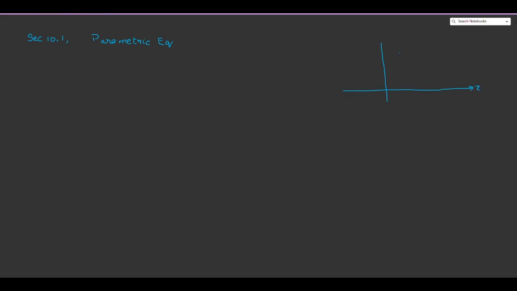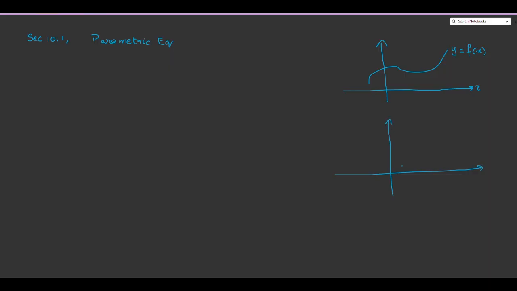Before this, I would like to recall from calculus 1. For example, in calculus 1, our function is written in this form, y equals f of x, but there are some conditions that this can be a curve. It has to be a function, but there are some other curves which cannot be written in this form.